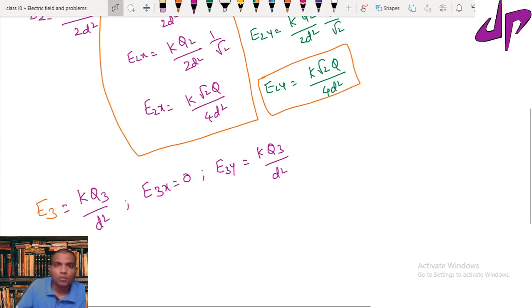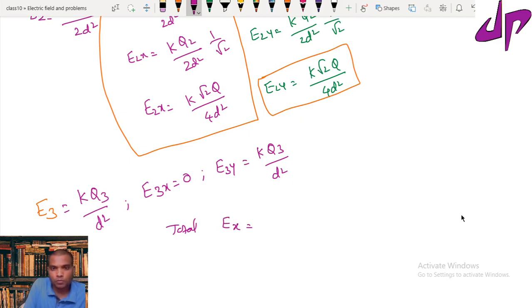Now we need to write the total electric field. Total electric field along the x component equals E1x plus E2x plus E3x. Ex equals kq by d square plus k root 2 q by 4d square plus the third component goes to 0.